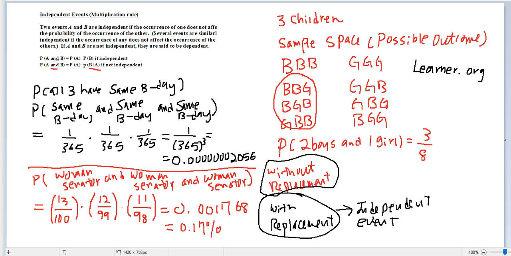So I gave you one example each to understand independent and dependent events. And there are a lot of independent and dependent events out there that we don't really think about.